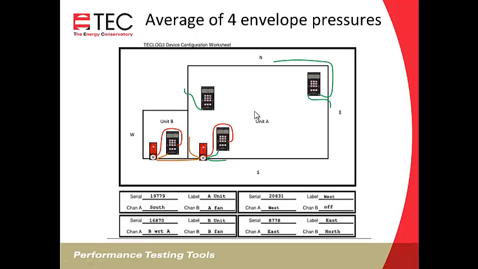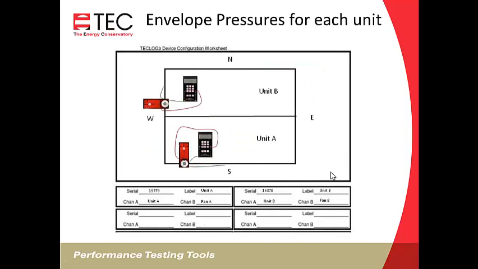So we've got 4 envelope pressures, one from the lower gauge, one from the left gauge, and 2 from the right gauge, which are measuring our 4 envelope pressures. It's being averaged in this unit. And unit B is at the same induced pressure, so we can still use those envelope pressures to do that calculation.